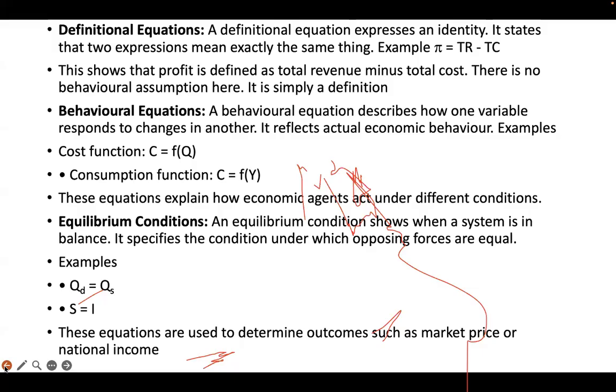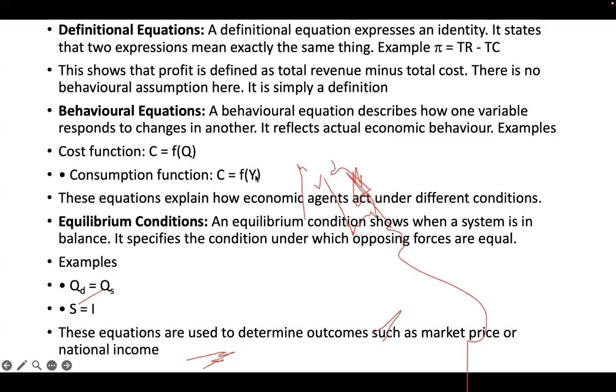So I'm asking, do the cost and consumption functions follow the proportion principles? Just observe this. When it comes to function, the consumption function, we are saying that consumption is a function of income.